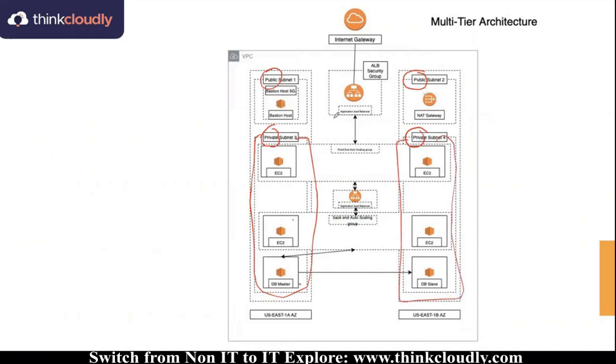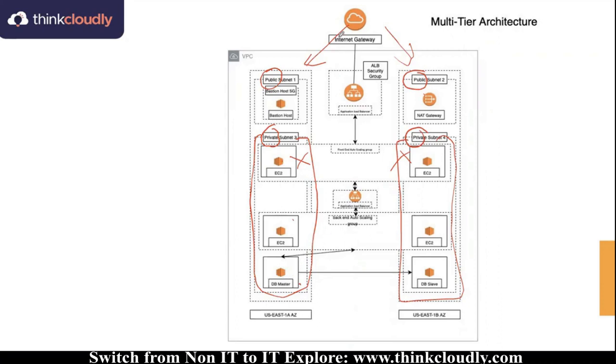And these are public. Public means anyone can access it from the internet. Private means from the internet, no one can access it. This is the extra security we are creating with the help of private subnet. From the internet, directly, it is not accessible.